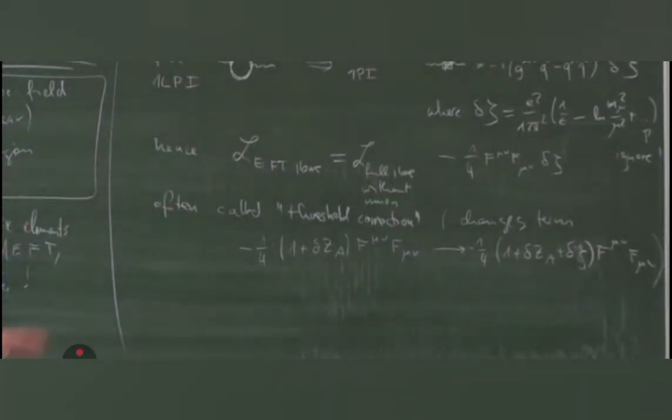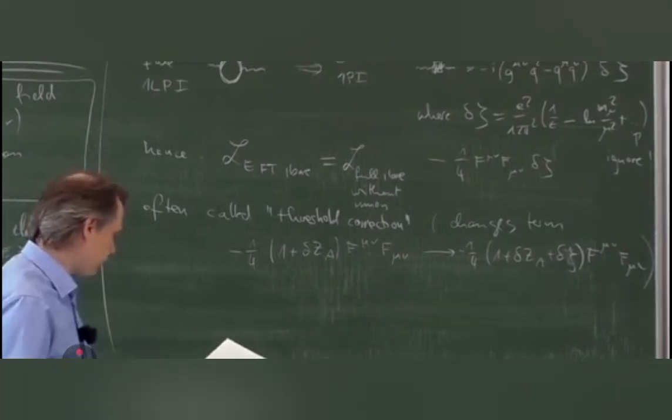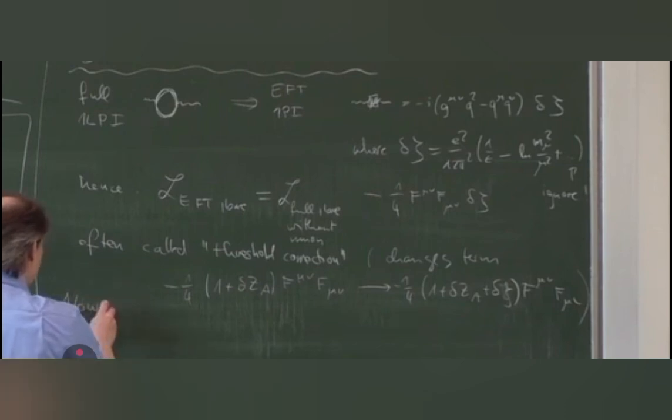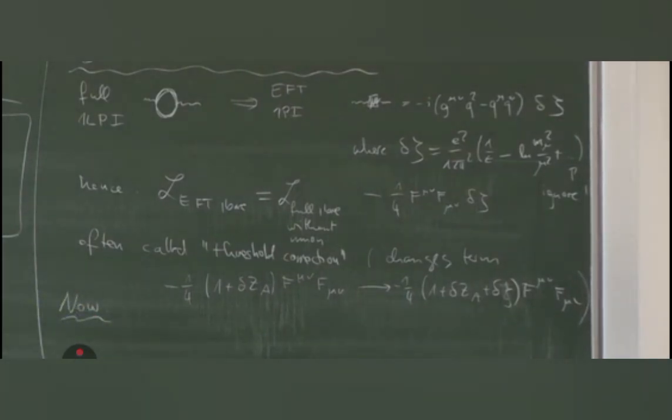Okay, but anyway, this is our EFT Lagrangian, which provides the most detailed agreement between the EFT and the full theory. And now we can translate this result into the result of the exercise by doing a field redefinition.